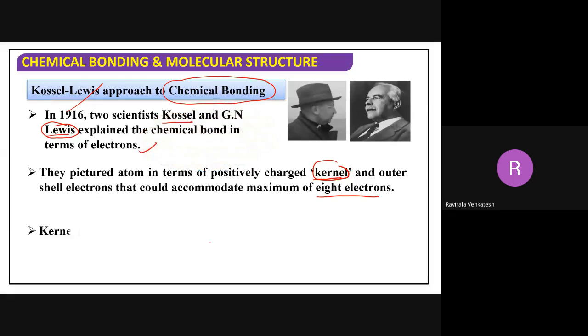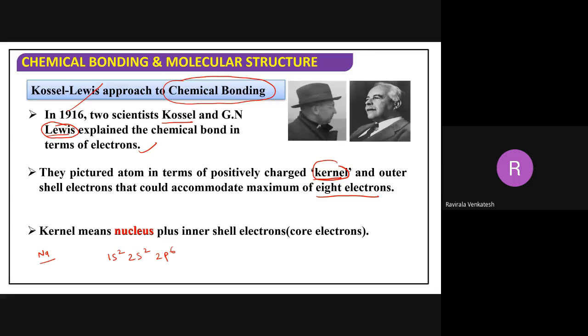I will take sodium as the best example. What is its configuration? 1s2, 2s2, 2p6, 3s1.